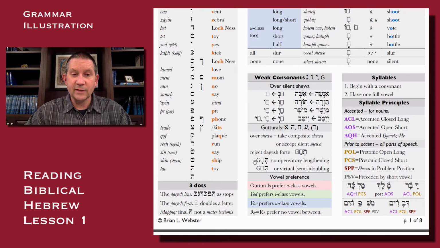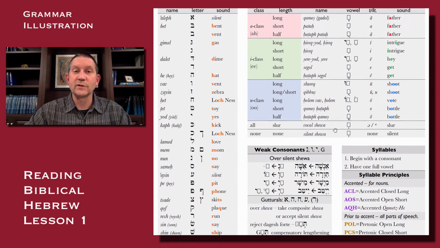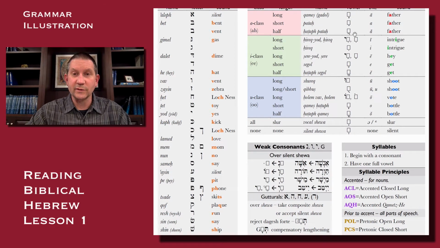Well, if that second root letter is a guttural, it's going to reject the dagesh forte, and as a consequence, the patak in front of it is going to be lengthened to kamates, and we call that compensatory lengthening. Right? That's one of the reasons why we need to know these sequences. If we have a patak, it needs to be lengthened. It's going to become a long kamates, a kamates gadol.